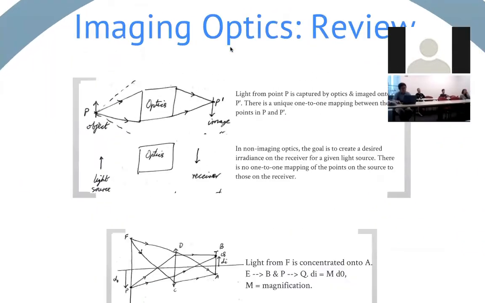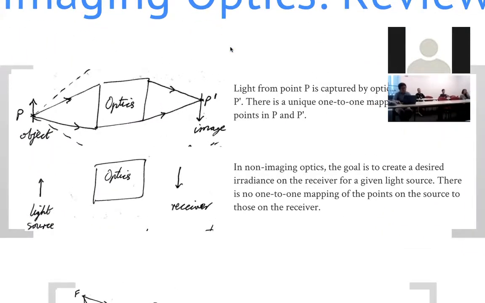So what does that mean? If you think about an optical system as a black box, an imaging optical system essentially forms the image of an object. So if you have an object or a scene, an image is formed. Now, what does that really mean?